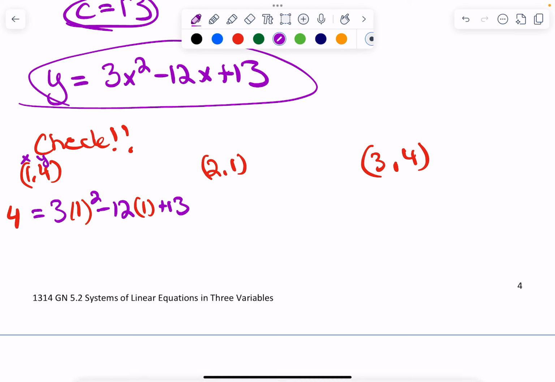Okay, so 4 equals 3 minus 12 plus 13. 4 equals 4. This is true.